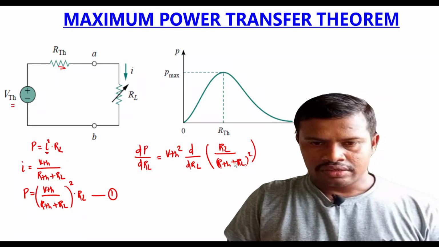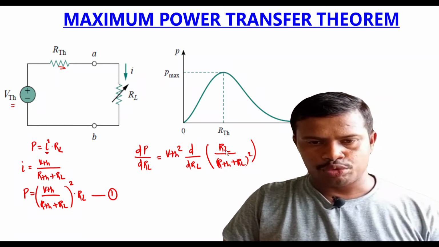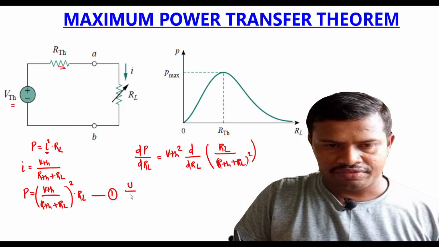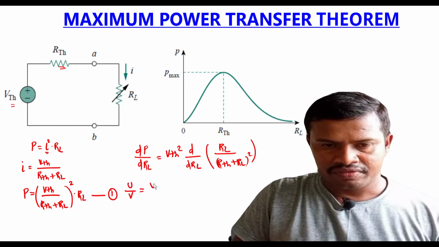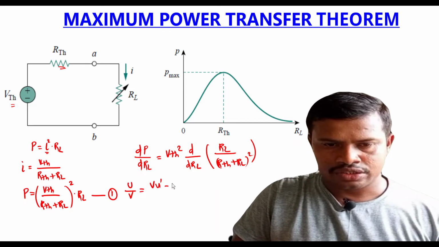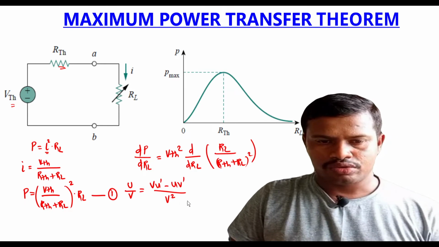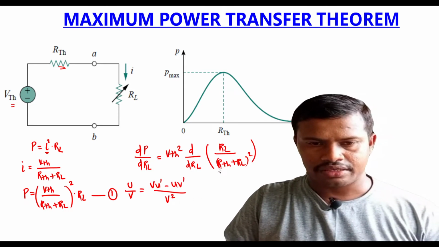Now we need to use the U by V formula of differentiation. The U by V formula gives V U dash minus U V dash divided by V square. So we will apply this formula to the above equation.